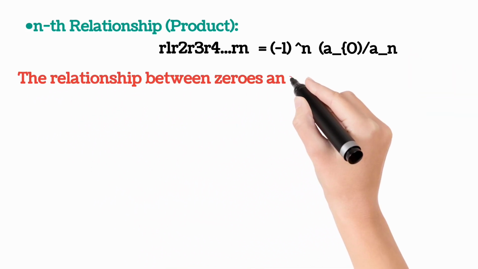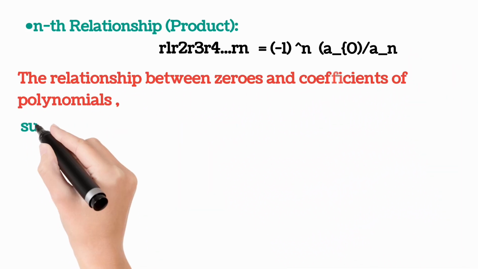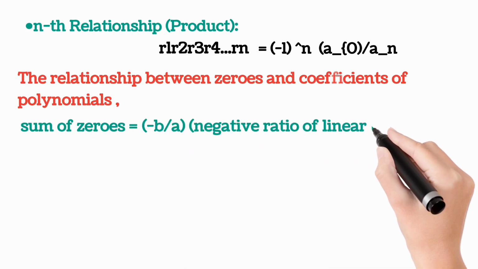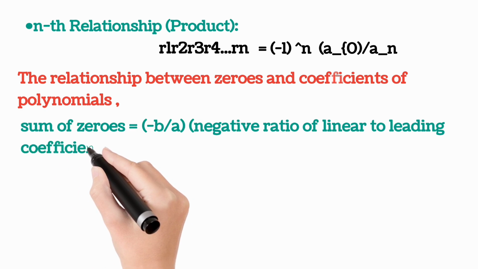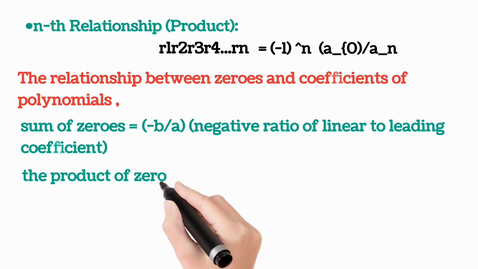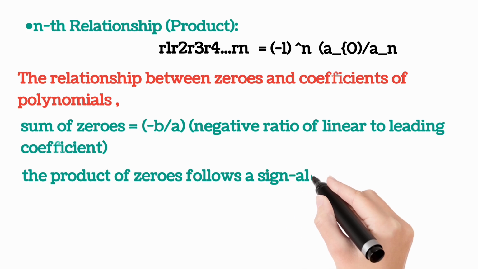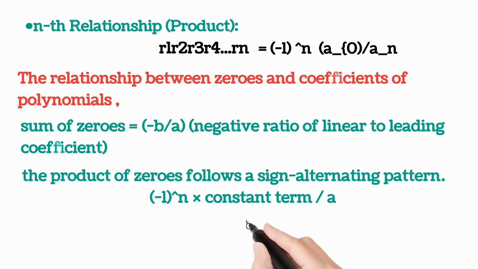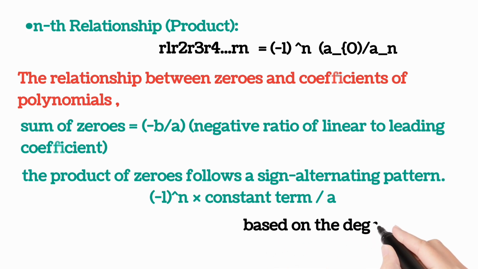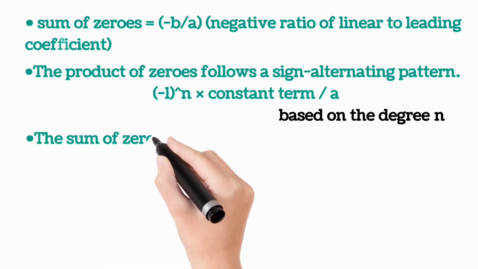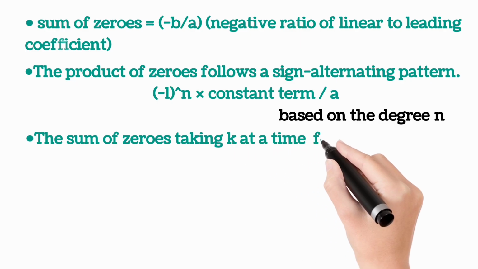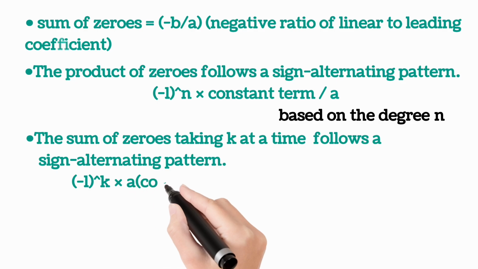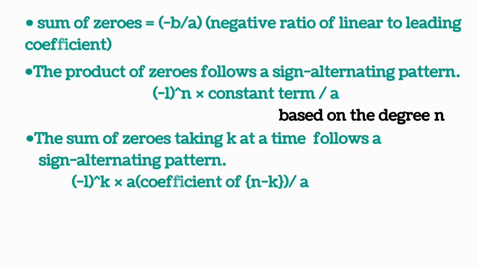The relationship between zeros and coefficients of a polynomial: sum of zeros equal to minus b by a, the negative ratio of the next coefficient to the leading coefficient. The product of zeros follows a sign alternating pattern, that is minus 1 to the power n into constant term divided by a, based on the degree n. The sum of zeros taking k at a time follows a sign alternating pattern, minus 1 to the power k, the coefficient of n minus k divided by a.